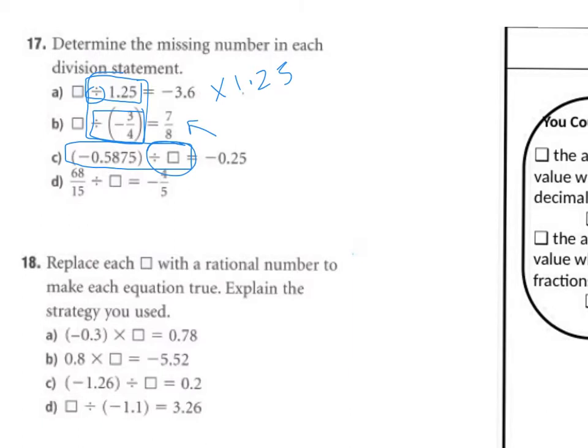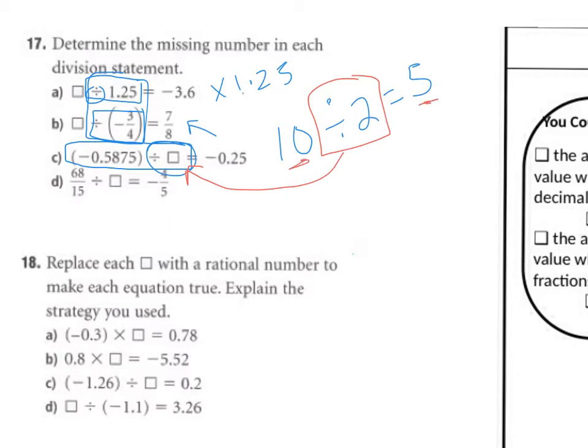So if I looked at an example like 10 divided by 2 equaled 5, and I don't know what this number is, which is the very same as this one, I look at a question very similar, and I say, well, what could I do? How can I make 5 and 10? How do I make a 2 out of it?